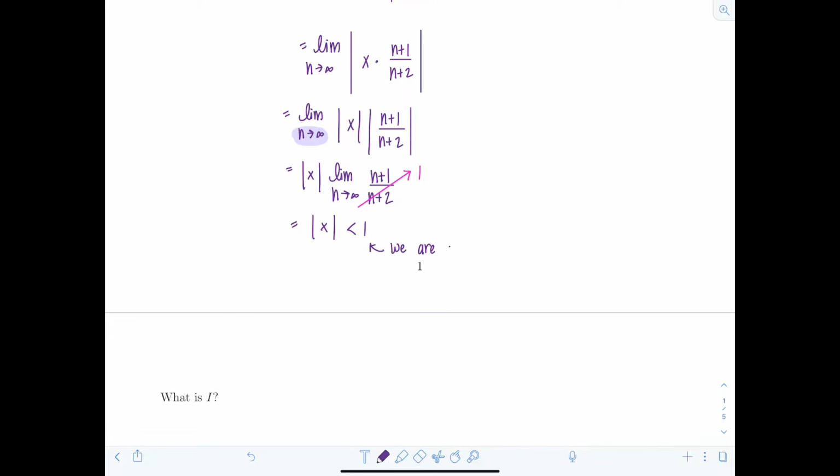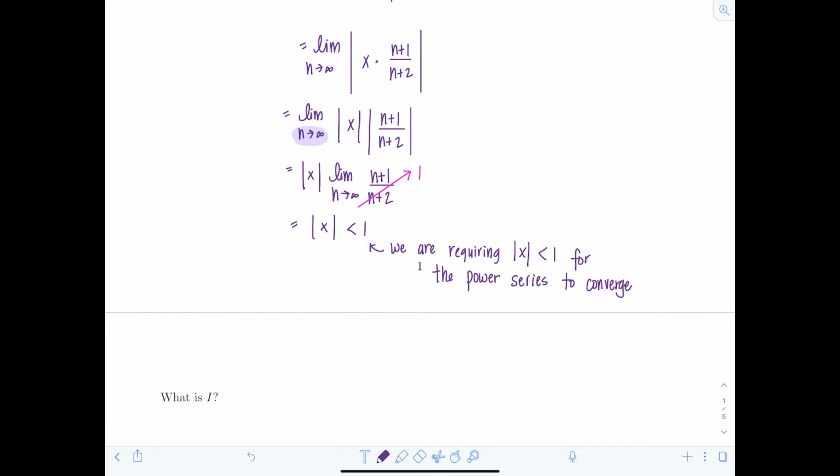We are requiring that the absolute value of x be less than 1 in order for the power series to converge. So you have to know the statement of the ratio test to know that we want to impose that condition.